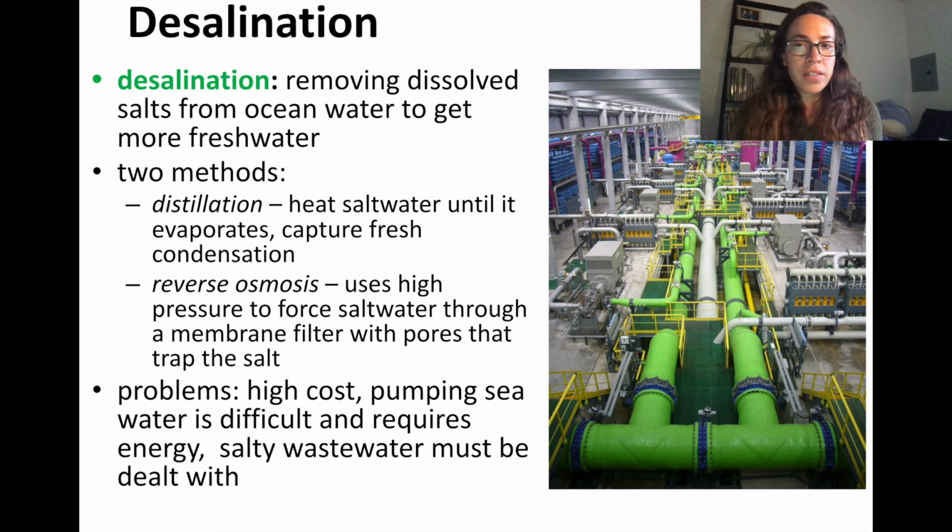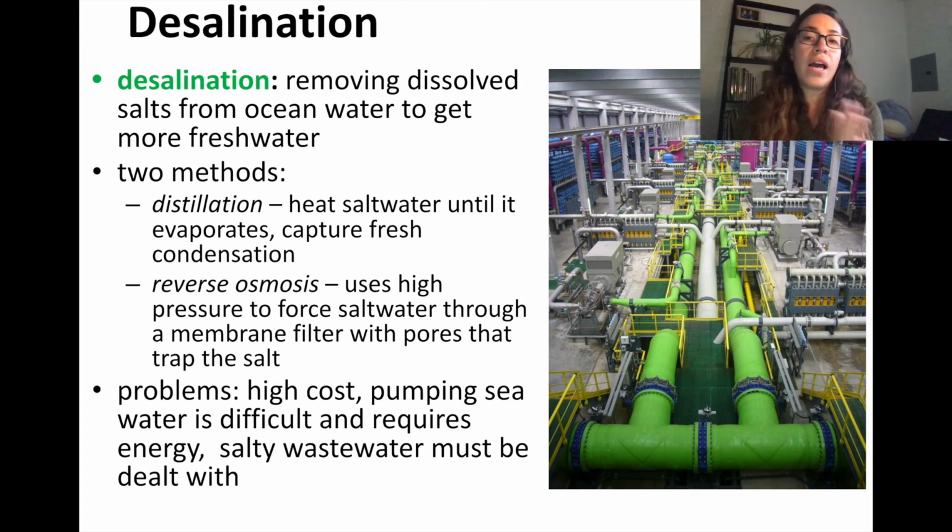We also have this process called reverse osmosis. This is an image of a reverse osmosis plant, which uses pressure to force that salt water through a filter. And the membrane, if you think about biological membranes, does the same thing as biological membranes. It prevents ions, so salts, from moving across.